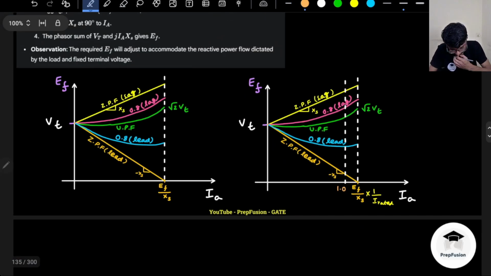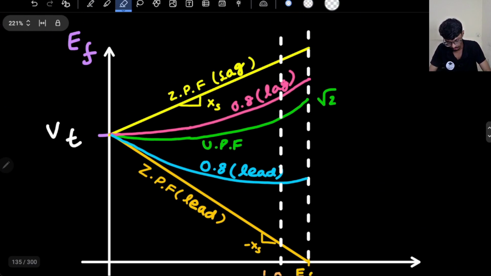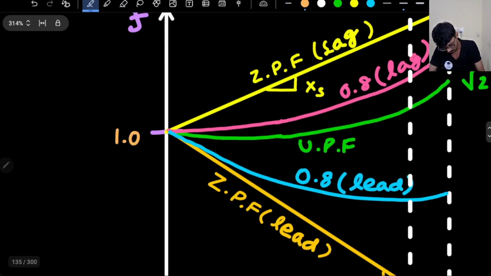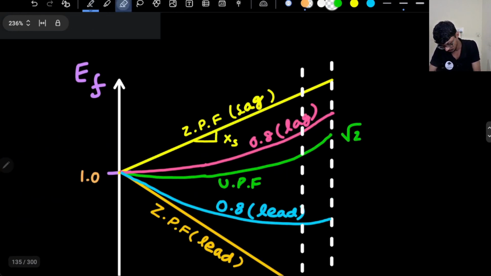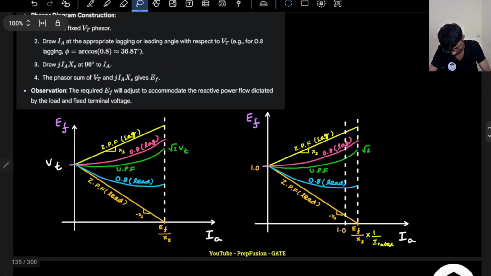Okay, and this, VT rated is the rated voltage. This will be 1 pu, this will be root 2, this will be 1 pu, and everything else is fine. And this right here will be 2 pu basically. Will it be 2 pu? I just want to confirm.